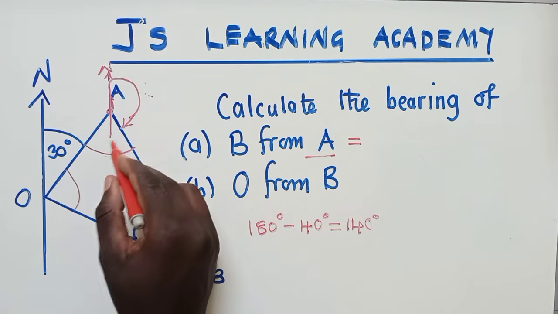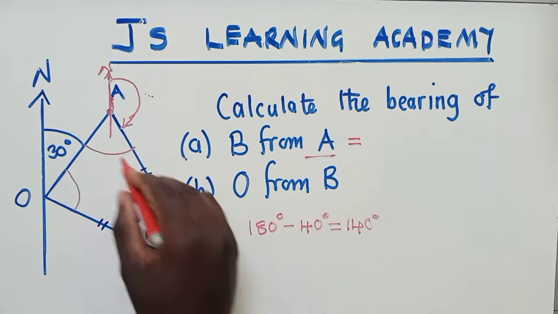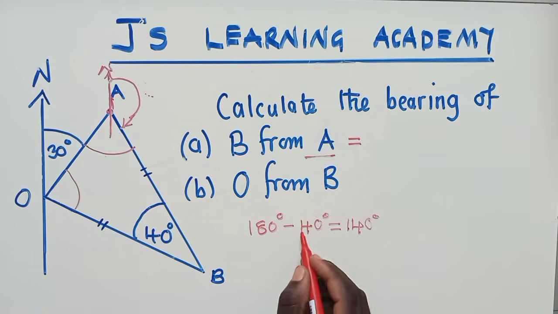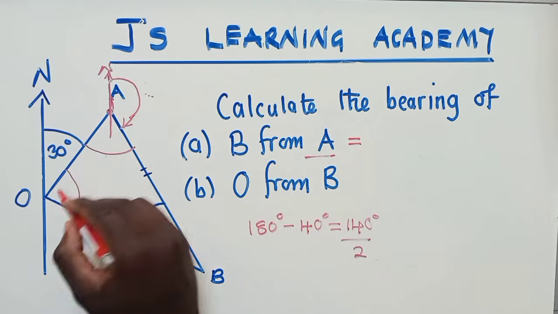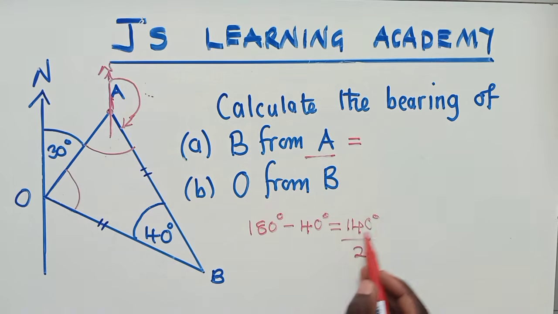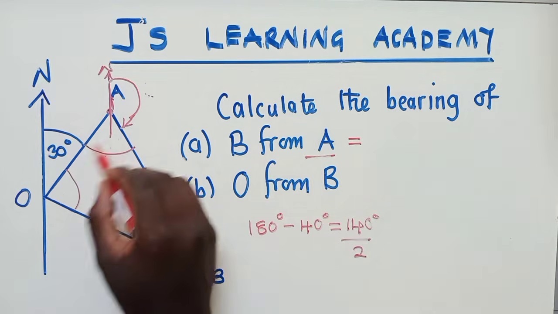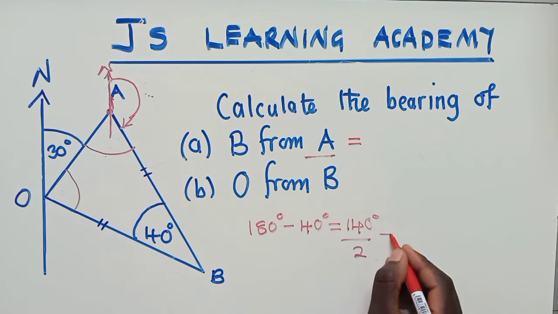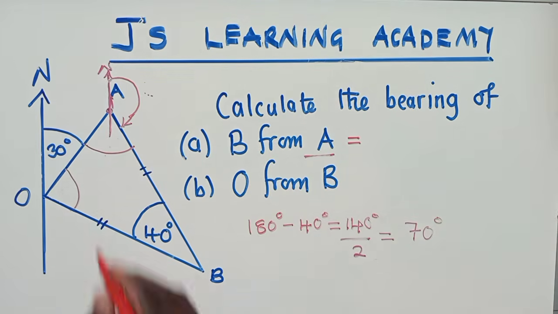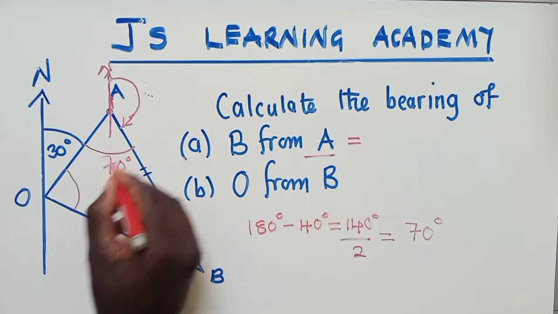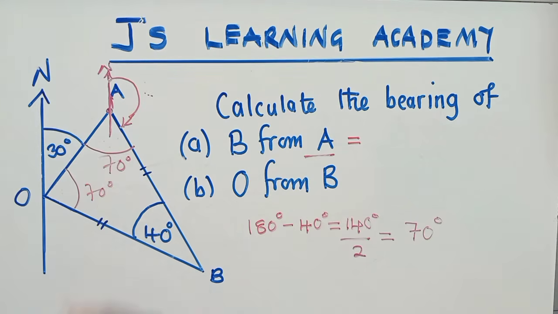So for us to find this angle and this angle, we need to subtract from 108 and we remain with 140. So now this 140 divided by 2, because there are two angles. This and this is 140. So to find one of these, we divide by 2, which gives us 70 degrees. So this is 70 degrees and this also is 70 degrees.